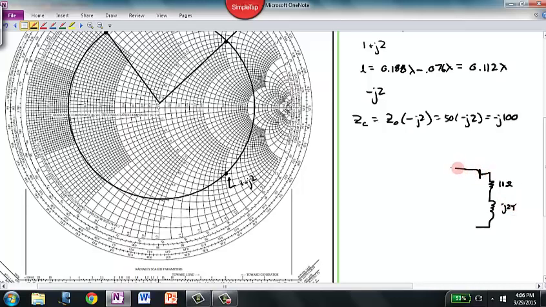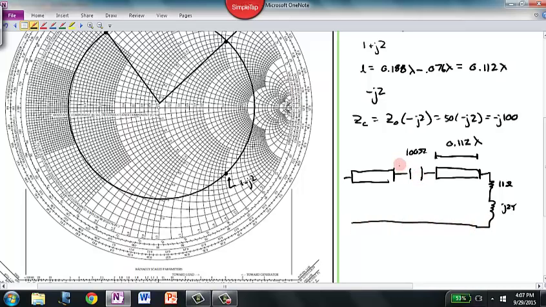If we take some T-line and then we insert a series capacitor, and the series capacitor is minus j100 ohms, and the length of this T-line is equal to 0.112 lambda, so 0.112 wavelengths long, that's the electrical length of the T-line, then we will have created a matching network where the input impedance of this circuit is equal to the characteristic impedance of this circuit here. So that's a demonstration of series matching elements.